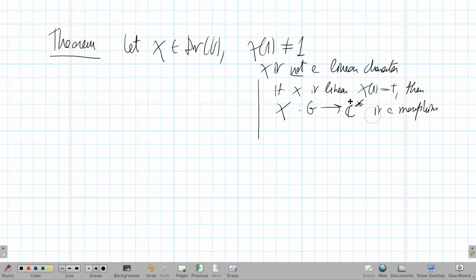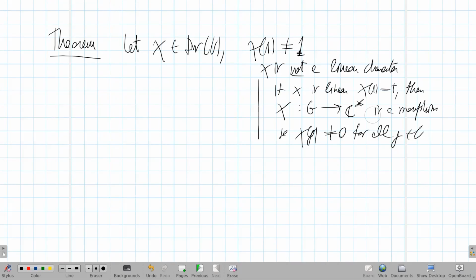What's a 1 by 1 invertible matrix? It is just a non-zero complex number surrounded by brackets. And in particular, chi of g is different from 0 for all g. So if chi is linear, then all of its values are different from 0.